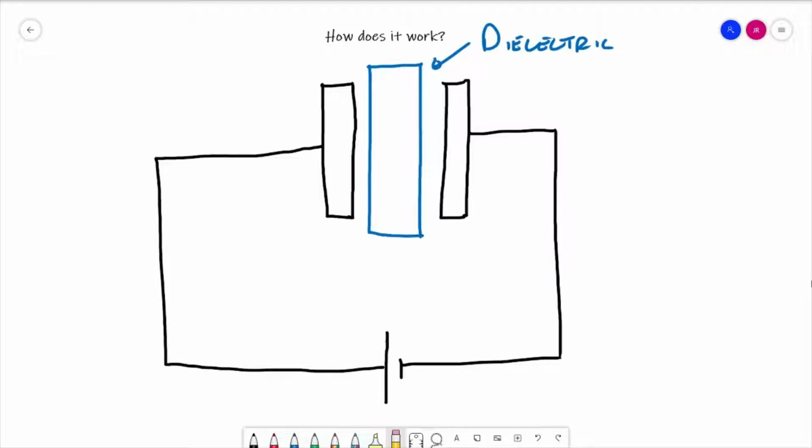Now remember, when we have a battery, we know that the long end signifies positive and the shorter end signifies negative. And when it comes to current, we know that current, or conventional current, flows from positive to negative.